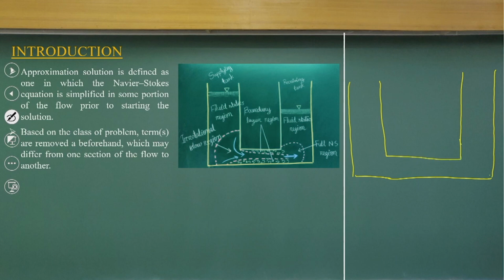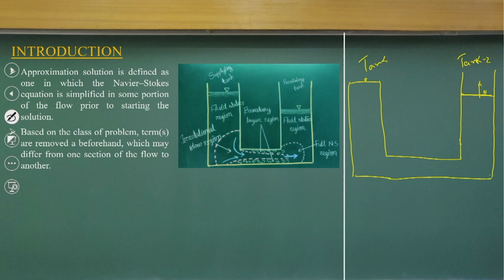The liquid is coming from one chamber and filling is happening in the other. This is the tank 1 and tank 2. One is the supplying tank, another is the filling tank. I am drawing the same figure just to draw more attention to it.